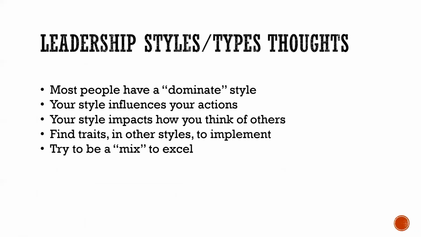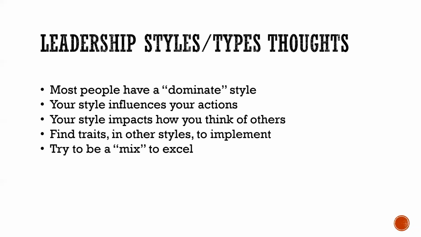If you're thinking, can't we all get along, can't we all just be on the same team, then your actions are about trying to create a really warm and loving environment. If you're a social leader, your actions are going to be, how do I set up social engagements? How do I take clients out? Can I take them to lunch? Can I take them to ball games? So your actions are very much influenced by your style.